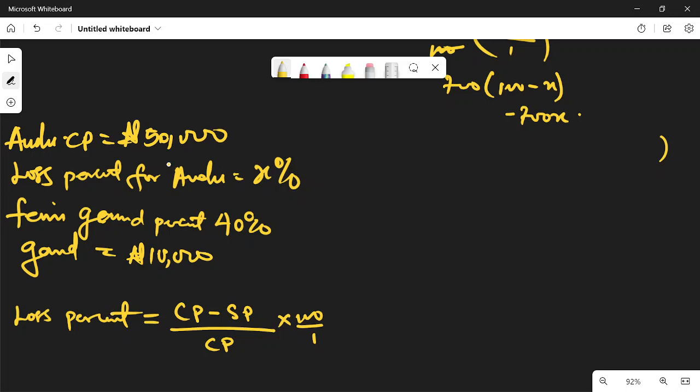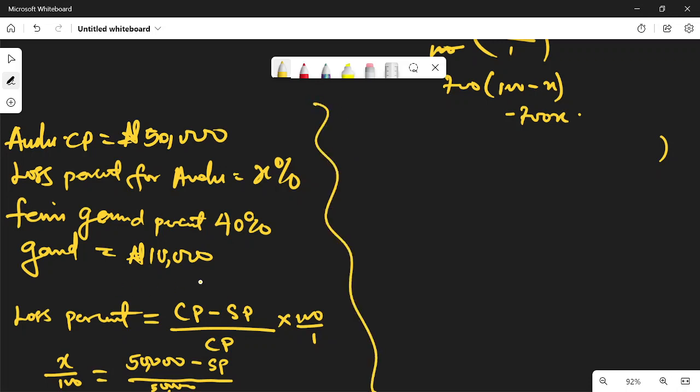Let's calculate this now. If the loss percent is X percent, pay attention: X over 100 equals the cost price, which is 50,000 naira, minus the selling price, all over 50,000 naira, which is the cost price. But remember, we don't know the selling price, the amount he sold it to Femi.